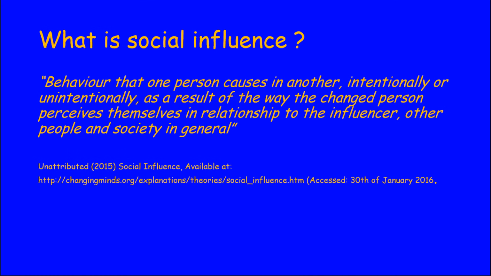Social influence, and I've got a quote here, is behaviour that one person causes in another, intentionally or unintentionally, as a result of the way the changed person perceives themselves in the relationship to the influencer, other people and society in general. Bit of a wordy quote, that, really, but it effectively means, I'm okay, you're okay.